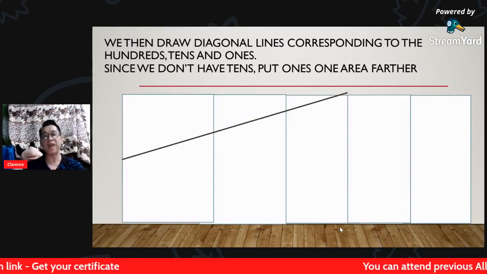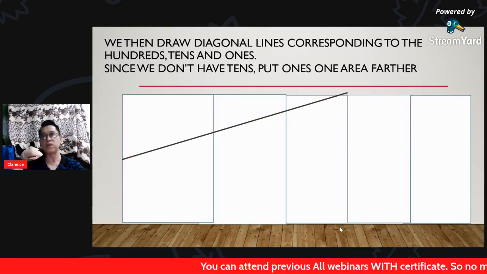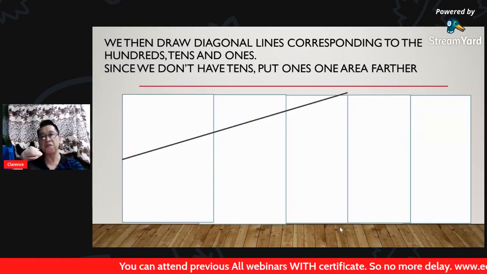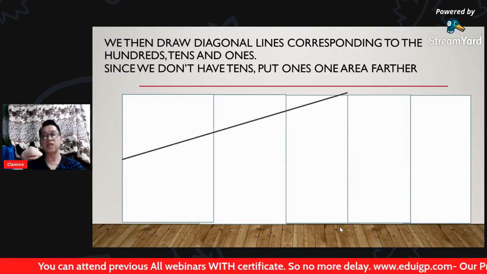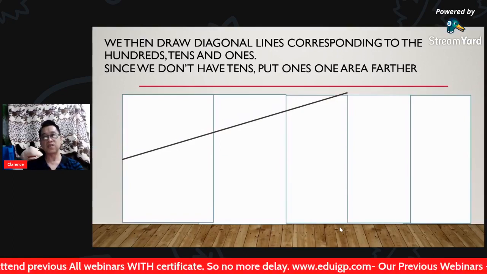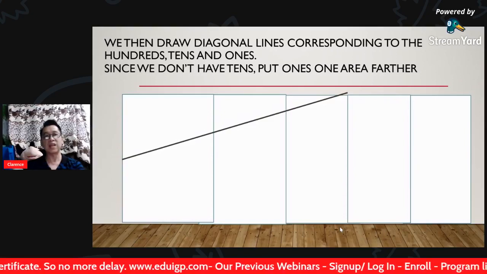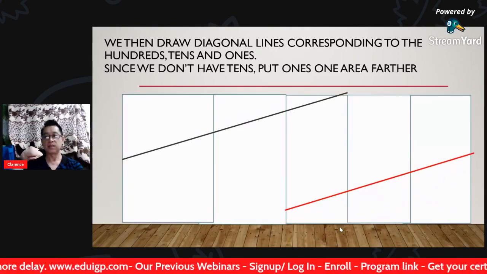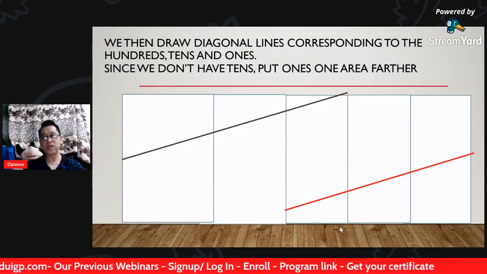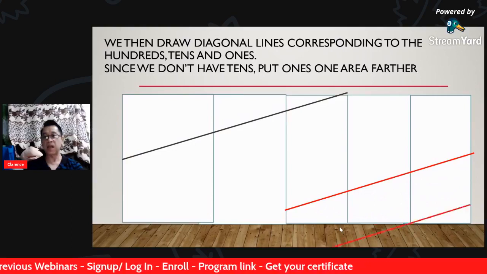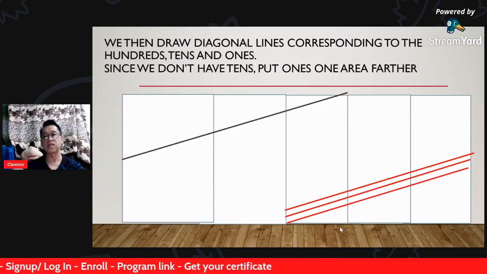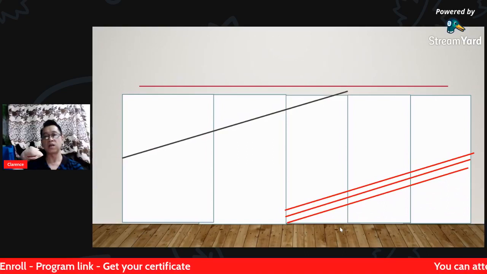We're just going to leave the tens place, since our tens is 0 for 103. So we're going to represent ones by the red lines. So 3 ones. So there you are.